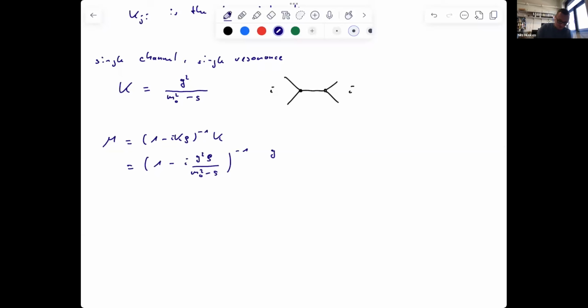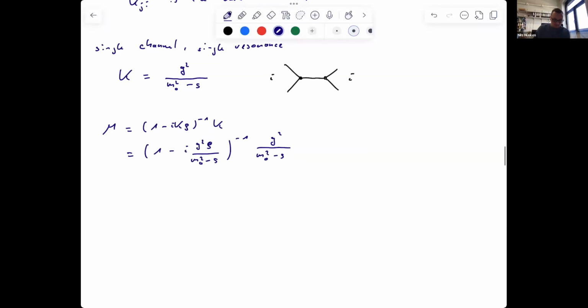We multiply this by the K on the production side. Multiply everything out. And then what's left is basically what we expected: the G squared divided by M squared minus S minus i G squared rho.